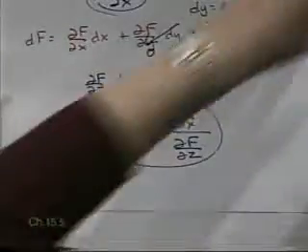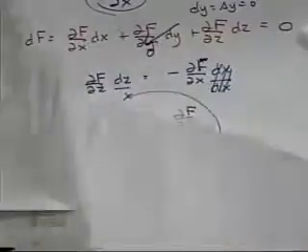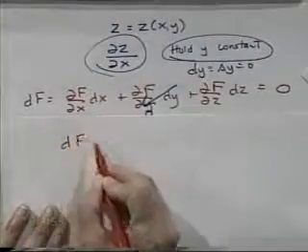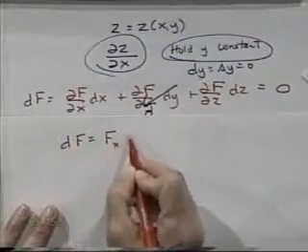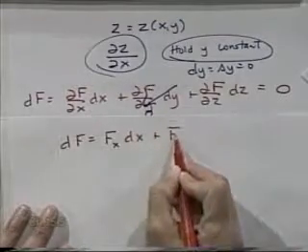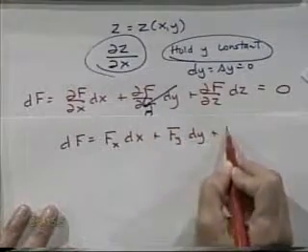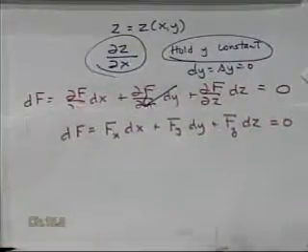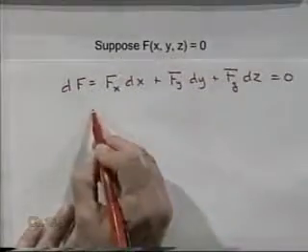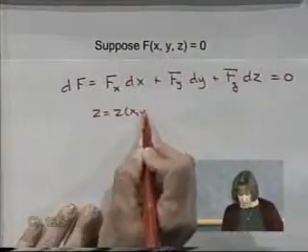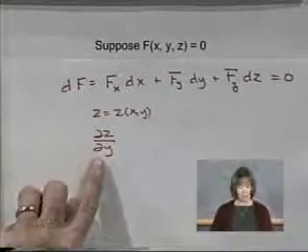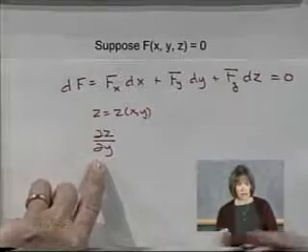Now notice, if I had here df equals partial of f with respect to x dx plus partial of f with respect to y dy plus partial of f with respect to z dz equals 0, because why? Because f was equal to 0. If we're assuming z is a function of x and y, and we wanted to get the partial of z with respect to y, well, when you take the partial of z with respect to y, what's held constant?